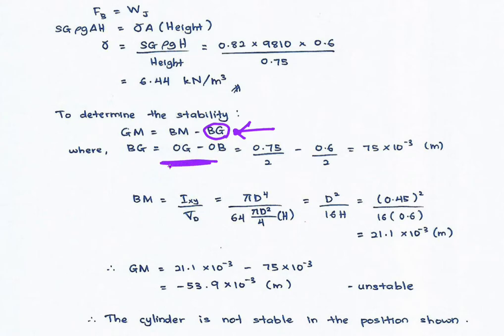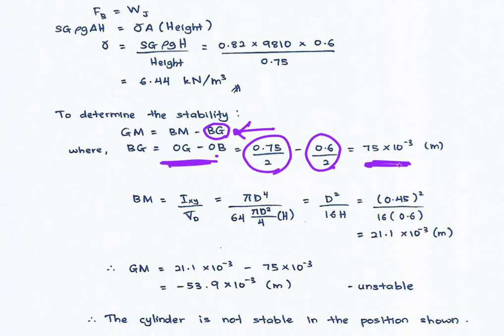OG is quite simple, because we know the overall dimension of the object, so it is 0.75 over 2. OB is also easy to calculate, because the submerged depth is given in the question, which is 0.6, so OB will become 0.6 over 2. We could get it is equal to 75 times 10 to the power of minus 3 meters.